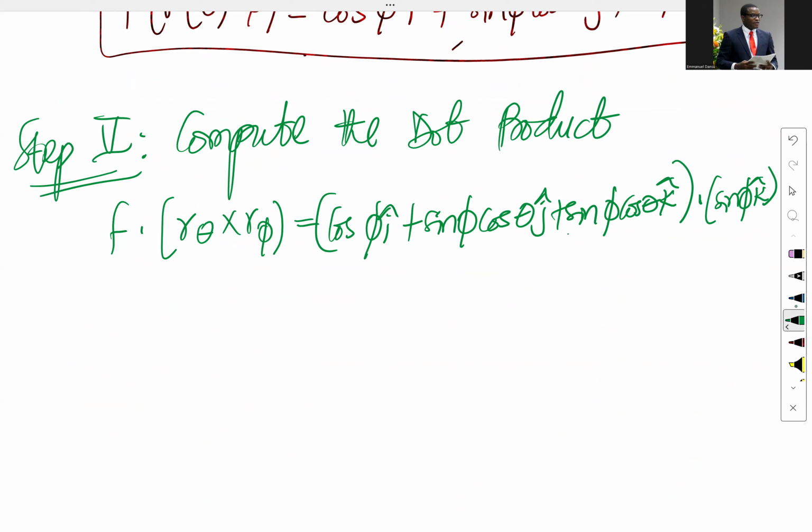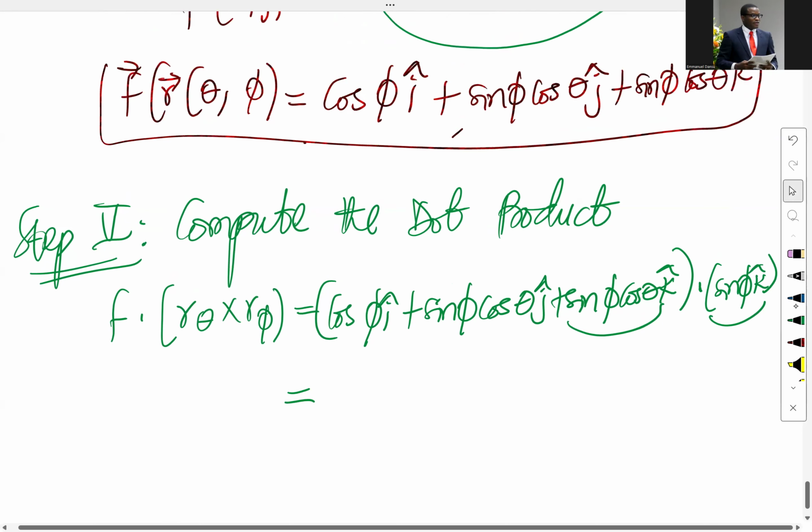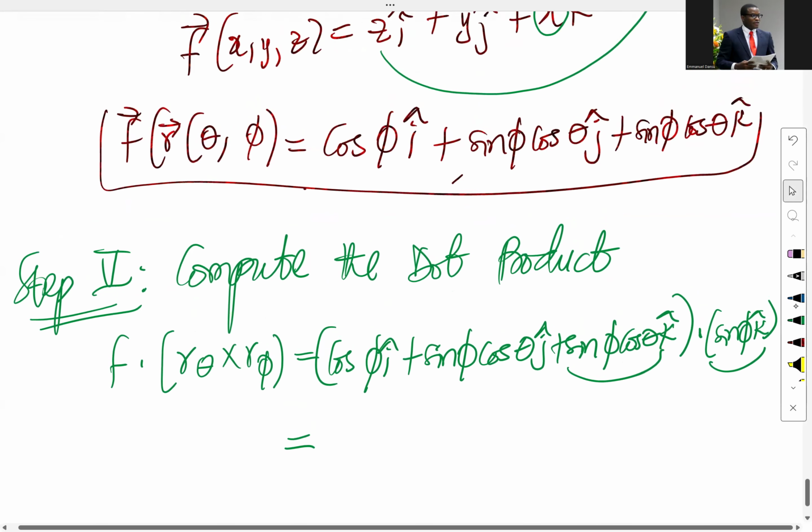So since you are doing dot product, it makes everything very simple, because only k can go with k. Every other thing goes to 0. So this whole thing will just simply be sine squared phi cos theta. So we're talking about k.